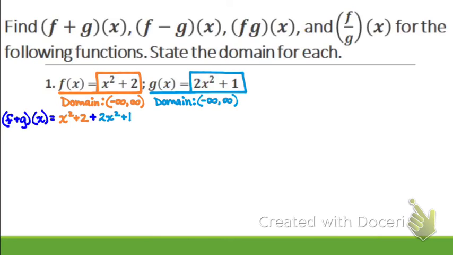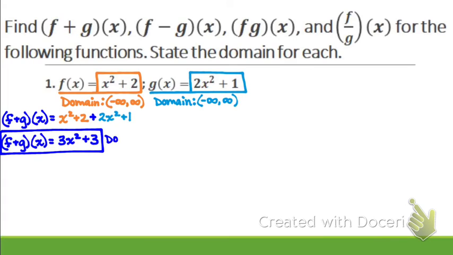What do I get when I add those two together? 3x squared plus 3. Done. What would the domain for this be then? All real numbers. No restrictions on either one of those two original functions, so when I add them together, they don't have any restrictions on the domain.